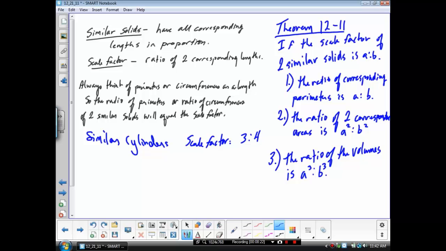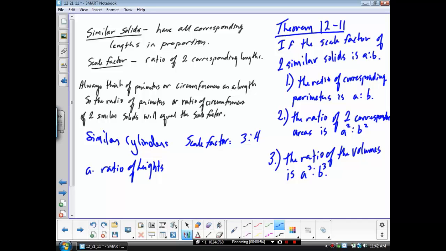Then it asks me, part A, what's the ratio of the heights? I'm on number 3. Well, now I look at heights. Which does height fit? Is it a ratio of a corresponding length, a corresponding area, or a corresponding volume?